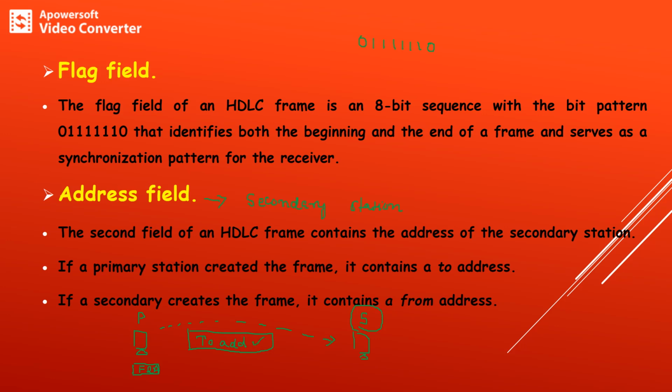Suppose the secondary is creating the frame. In that case, in the address field we have to consider the from address. Suppose the primary station creates the frame, it contains a to address. If a secondary station creates the frame, it contains a from address.